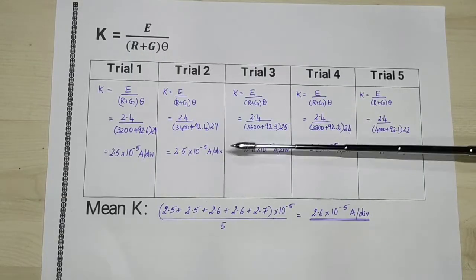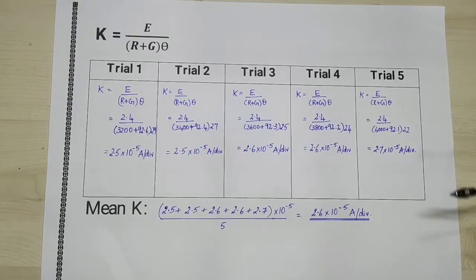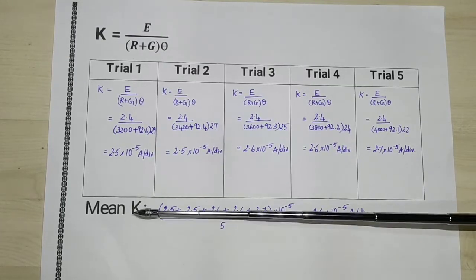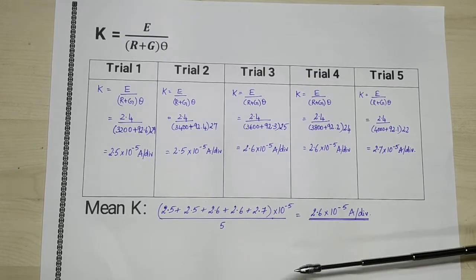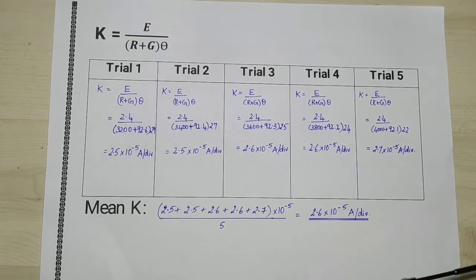Similarly for trial 2, trial 3, trial 4 and trial 5, you will have to substitute the respective values and simplify and find the mean value of K by adding all the values and dividing it by the number of trials, which is 5, and you get 2.6 into 10 power minus 5 ampere per division.